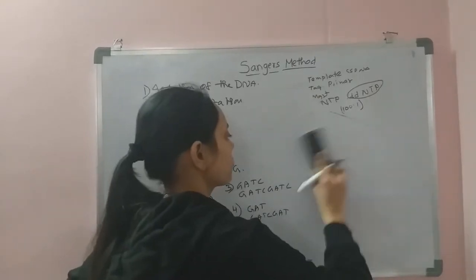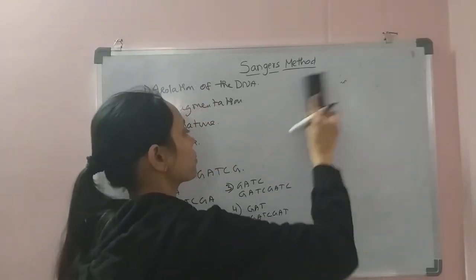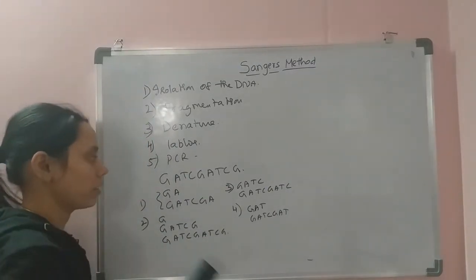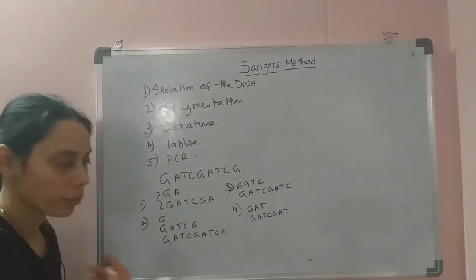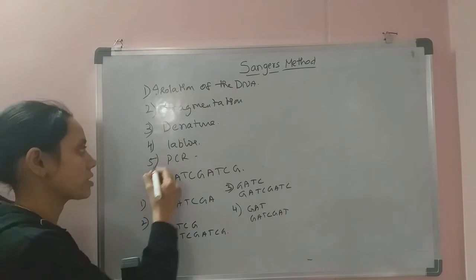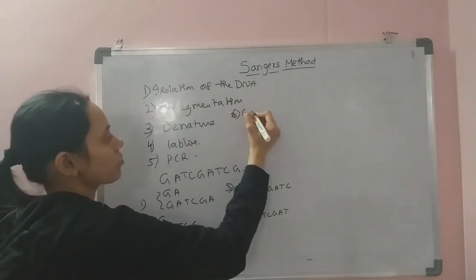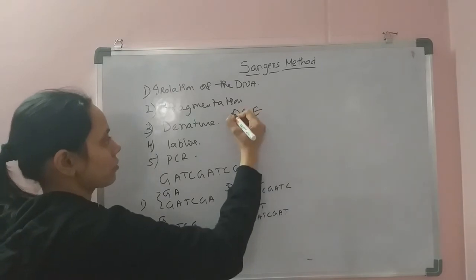So in the next step, once this PCR amplification is carried out, all these products will be produced, and in the following step, gel electrophoresis is carried out.